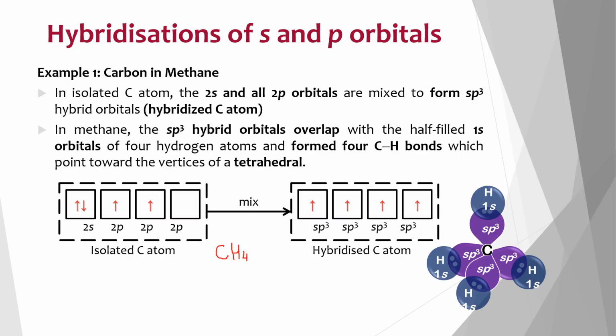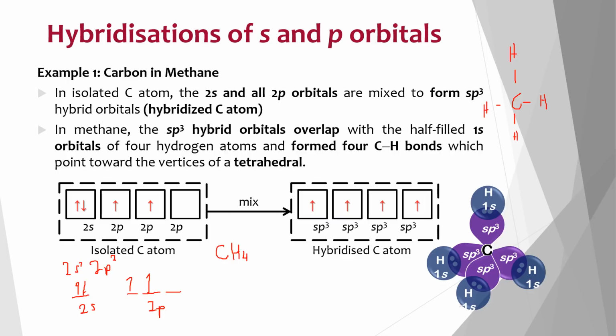The electron configuration for carbon is 2s2 and 2p2. So draw the orbitals first, 2s and 2p. The 2s will be full of electrons, and for 2p, we will have 2 electrons only based on the configuration. Next, from the molecular formula, or if you draw the Lewis structure, which is CH4, carbon will form 4 bonds with hydrogen.